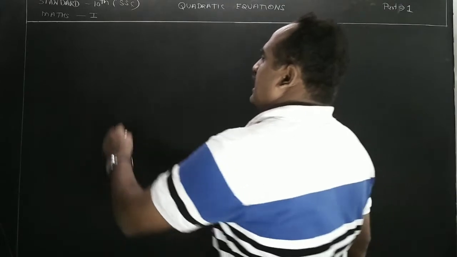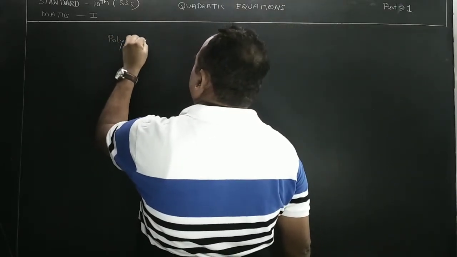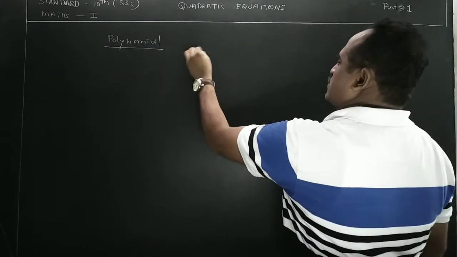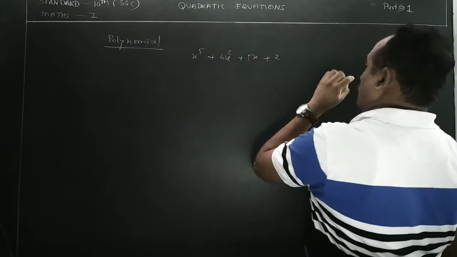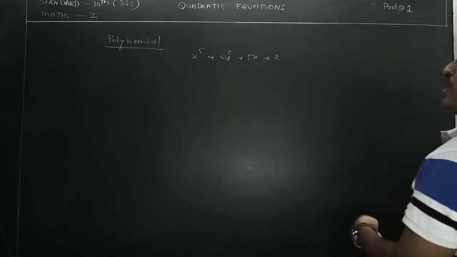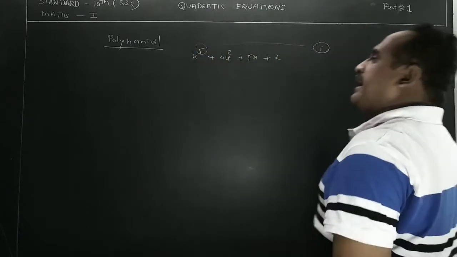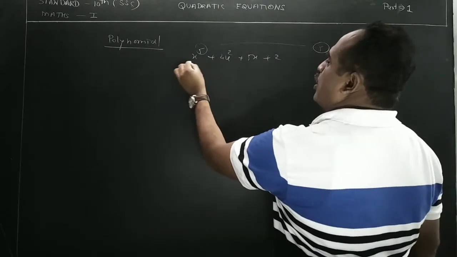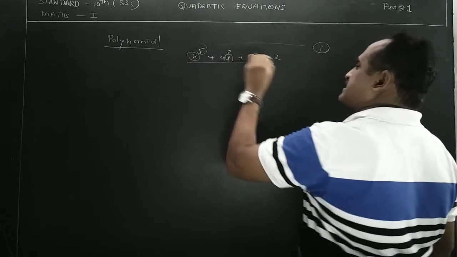First thing is, last year we have studied one topic called polynomial. What are polynomials? We have studied like x raised to 5 plus 4x squared plus 5x plus 2. This was the polynomial and the highest index, highest degree is 5. Is it right? But this is a polynomial in one variable, just x.